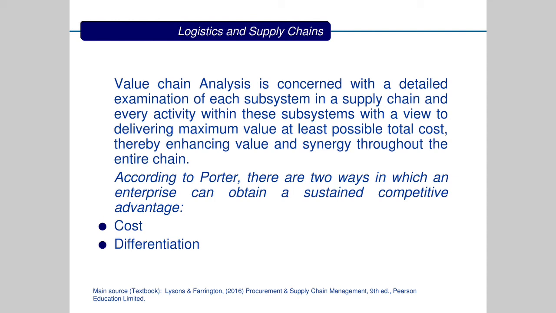According to Porter, there are two ways in which an enterprise can obtain a sustained competitive advantage: cost and differentiation. So value chain analysis is done in order to fulfill these two major aims. Either you can be the lowest cost producer or provider, that means you are focusing on cost, or you can differentiate your supply chain on the basis of quality, response, or other things.